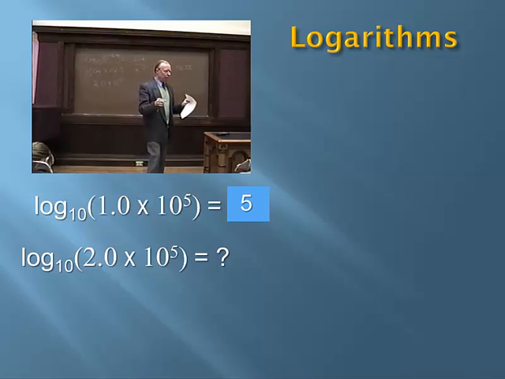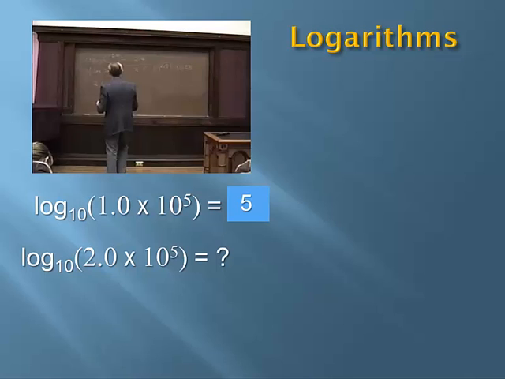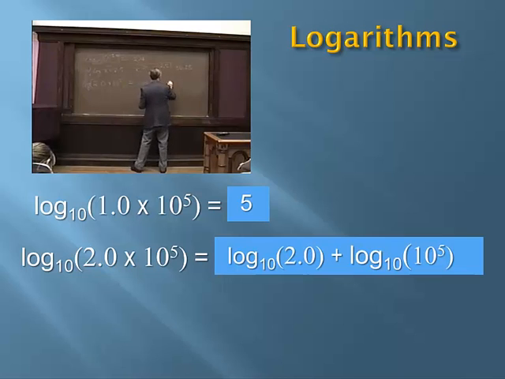If you have two numbers you're multiplying together, the logarithm of the product is the same as the sum of the logarithms of the individual parts. That's the same as the log of this whole number is equal to the logarithm of 2.0 plus the logarithm of 10 to the fifth.